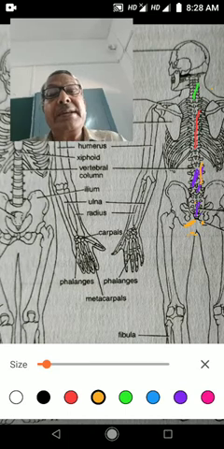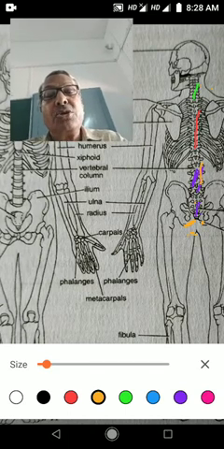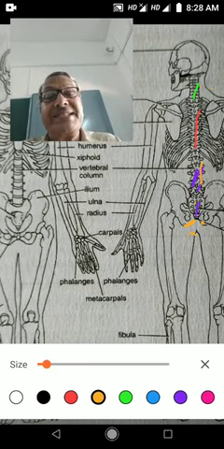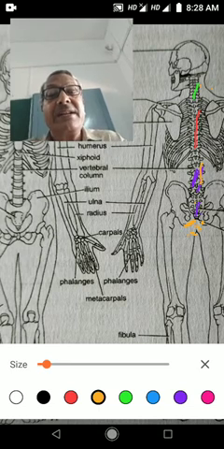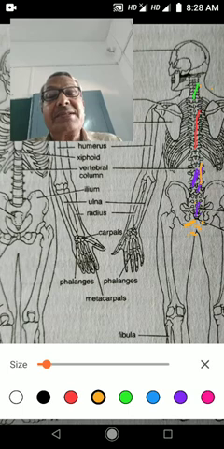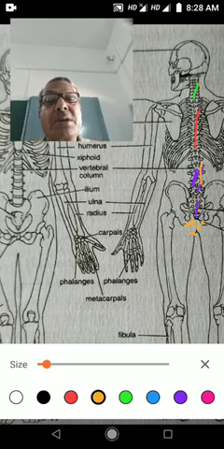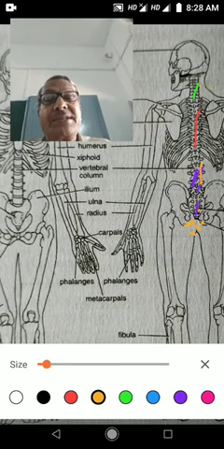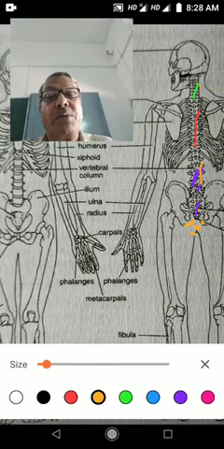Therefore, in the adult human being, the total number of vertebrae is only 26, but in the child we get 33, because the 5 vertebrae of the sacral region fuse to form one bone, and the 4 vertebrae of the coccygeal region fuse to form one bone.